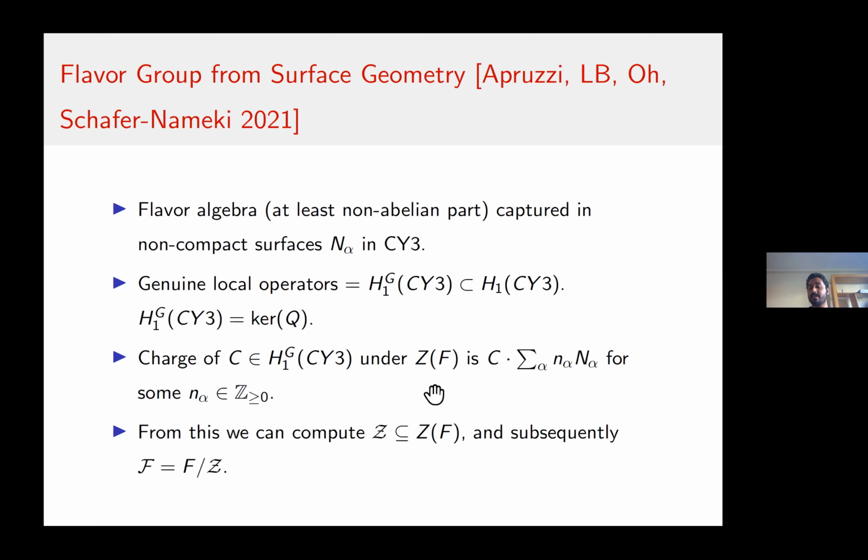It's again given by an intersection number, some particular linear combination of these non-compact surfaces, and this linear combination can be figured out. So computing these intersection numbers tells you the flavor center charges of these gauge invariant objects. From this, we can see if there is a subgroup inside the center which does not act on any of these, and we can compute the flavor symmetry group.